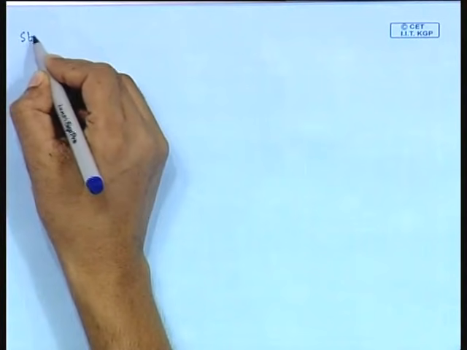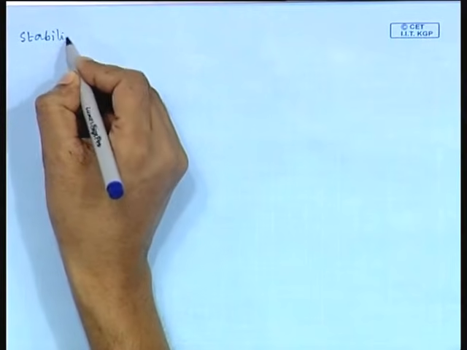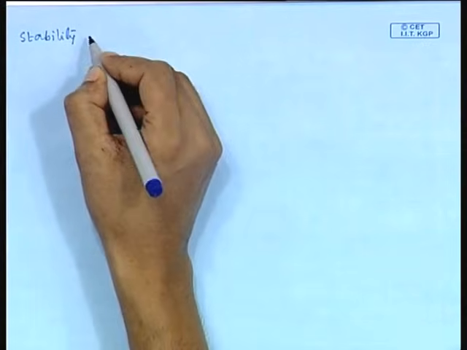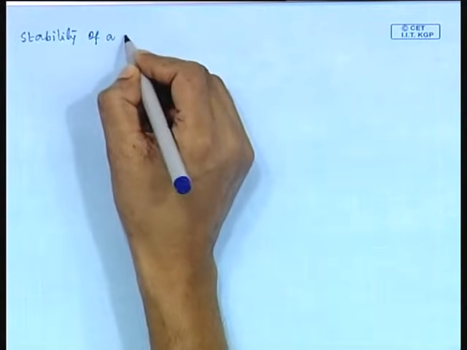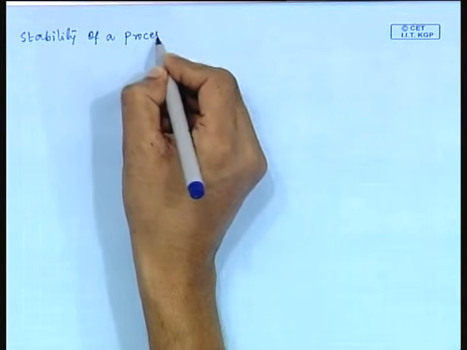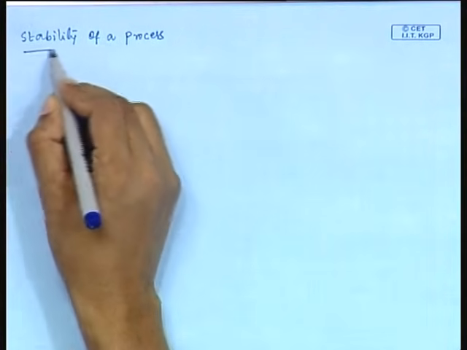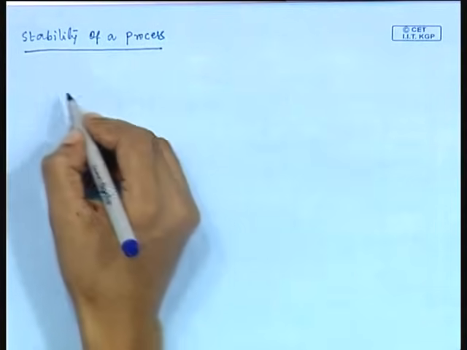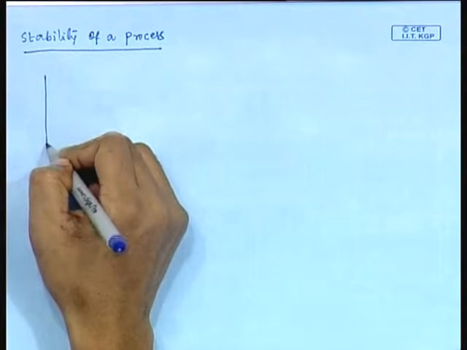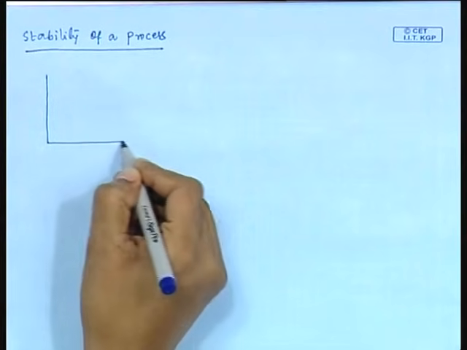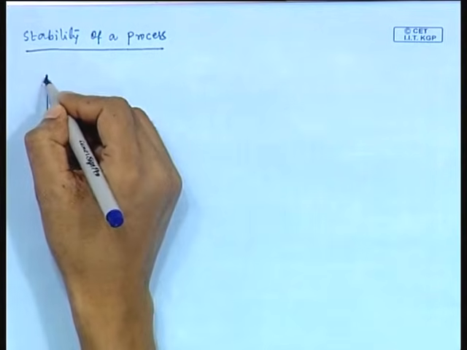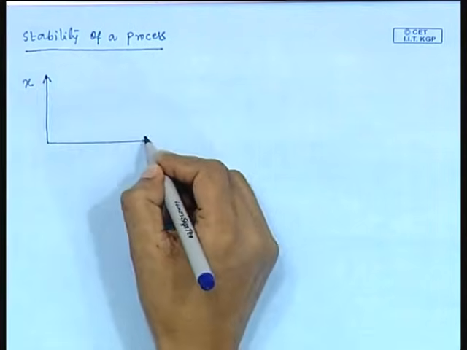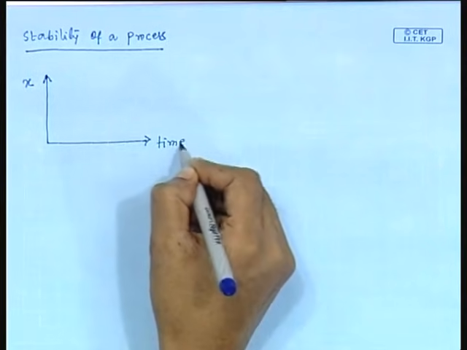Secondly, we will discuss the stability of a chemical process. So, we will first make a plot, this is x and this is time t.